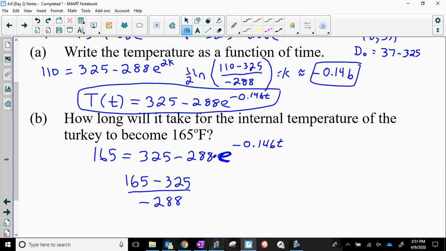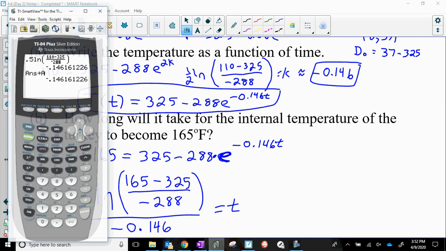How do you get rid of a base? How do you get rid of this? You convert it to a logarithm, so log base e. Then I'm going to get rid of this multiplication by dividing by that k value. If you need to, again, show all the little steps at a time, go right ahead.